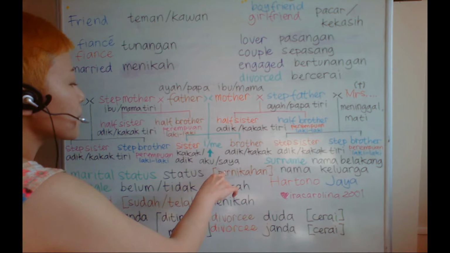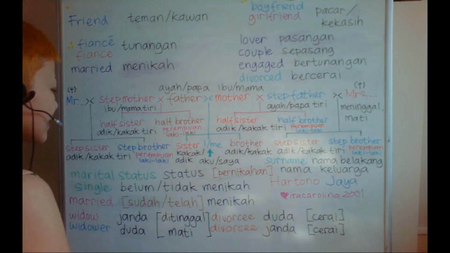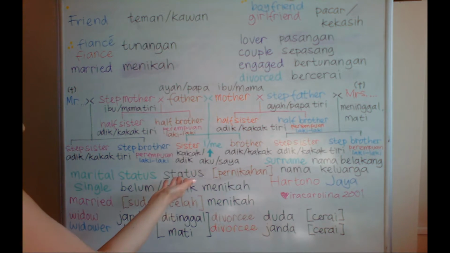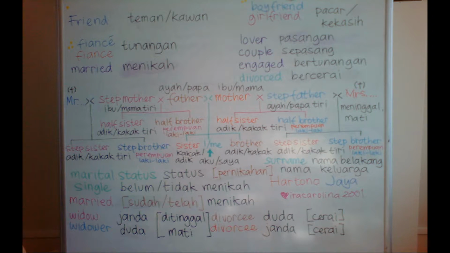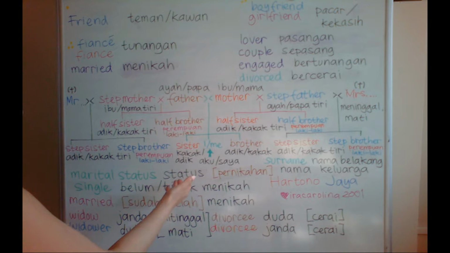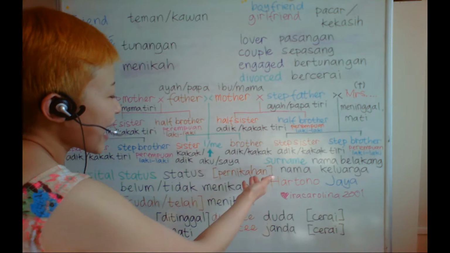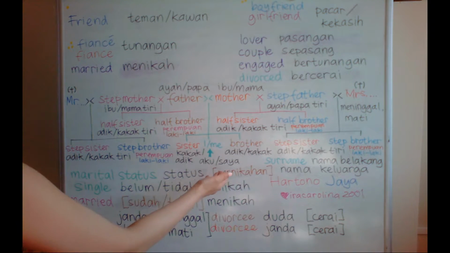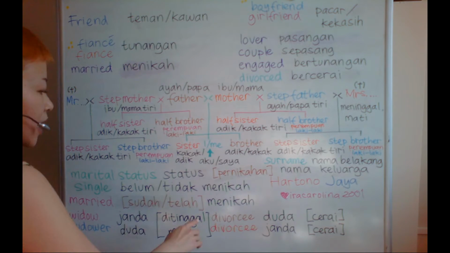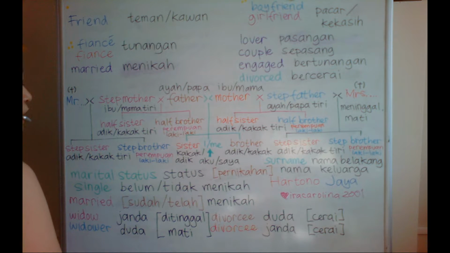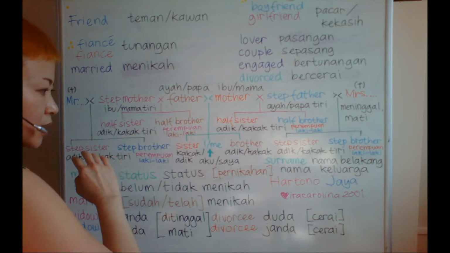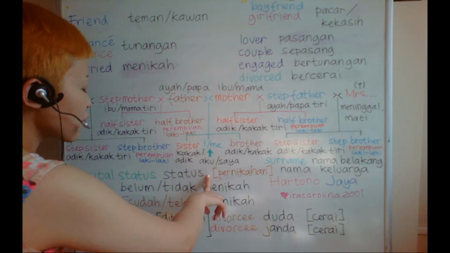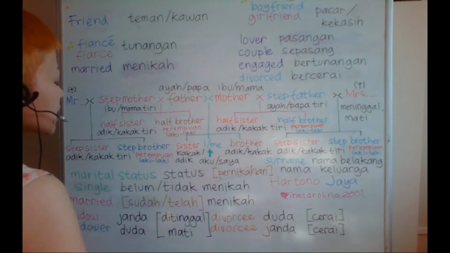Status pernikahan. It can be just status, or it can also be status pernikahan. Pernikahan. I put it in brackets here, so it means it can be put here with a space.